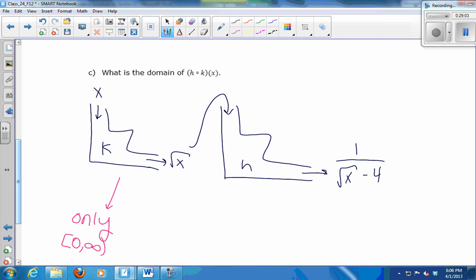is that right? Hold on, let me think about it for a second. Yeah, I want to keep from putting a 16 into the H machine. So what X should I not put into K? Yeah, 16. I shouldn't put a 16 in here.